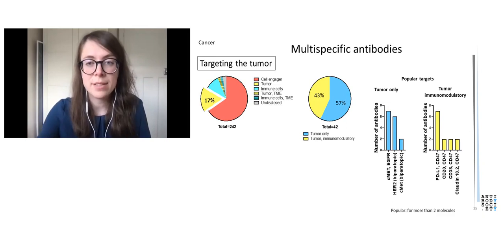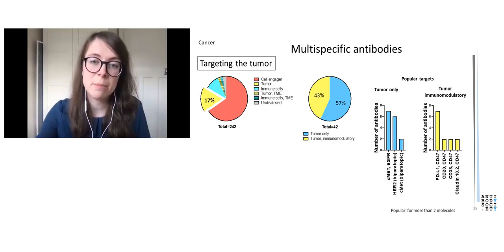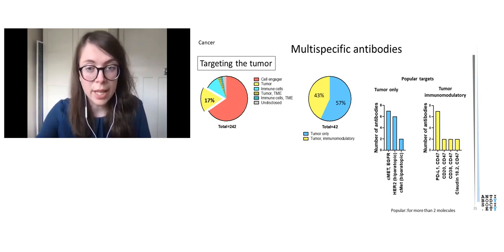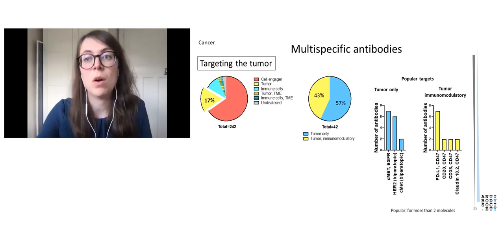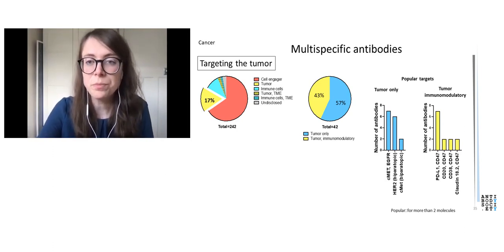And then we have analyzed the targets in the two groups. In the tumor-only group, the most frequent combination of targets is c-Met and EGFR, followed by HER2 only and c-Met only, but these are multispecific. So these are biparatopic antibodies targeting different epitopes on the same antigen.